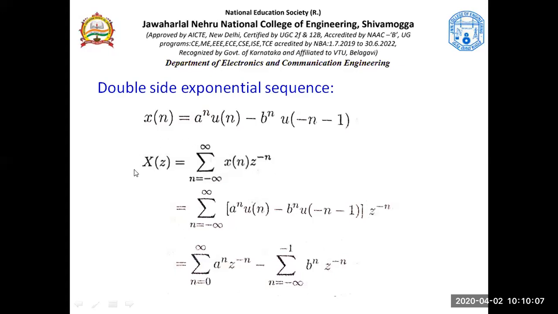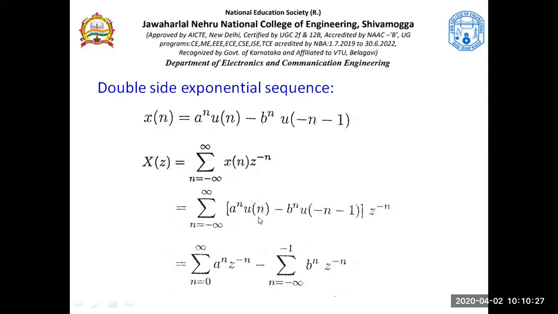You take the same equation for x of z, and in place of x of n, you bring this particular double-sided exponential. Then you apply the summation to both these sequences.